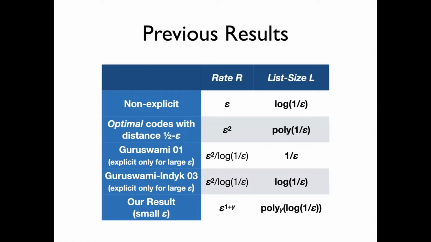Our result is an explicit one in the small epsilon regime and gets us rate which is epsilon to the 1 plus gamma for any constant gamma, and list size which is polynomial in log 1 over epsilon, and the degree of the polynomial depends on gamma.